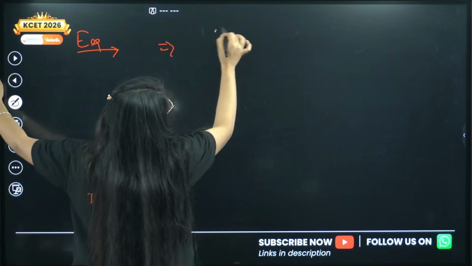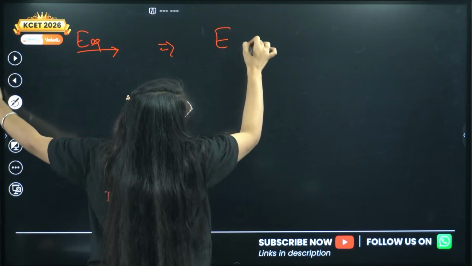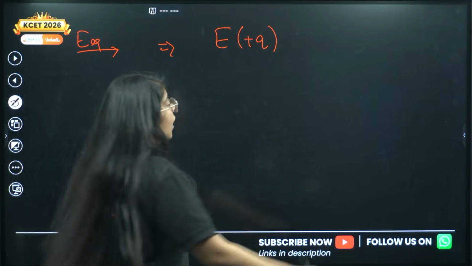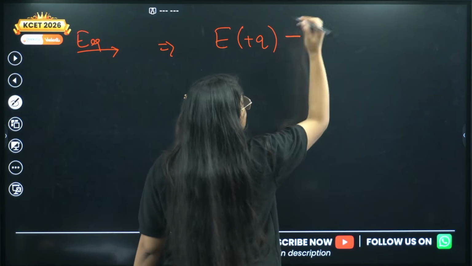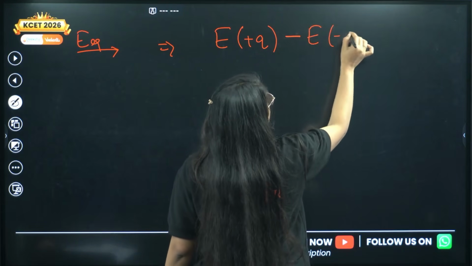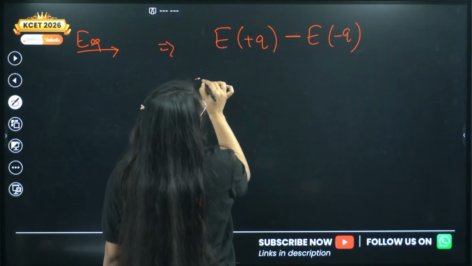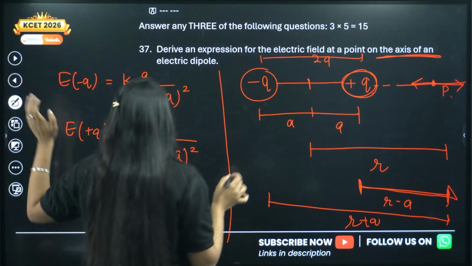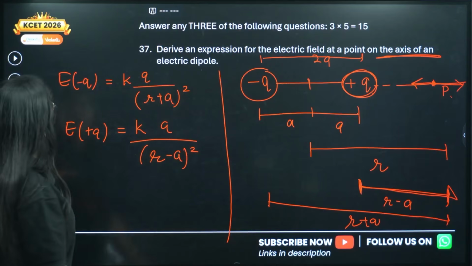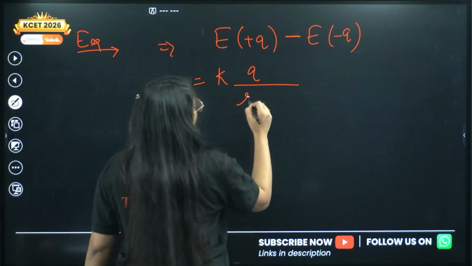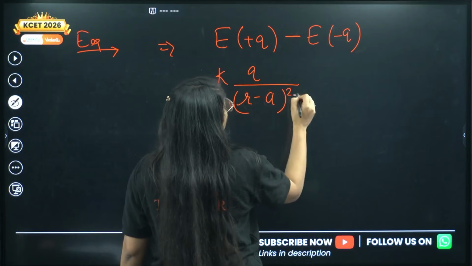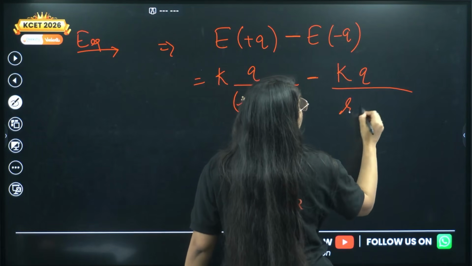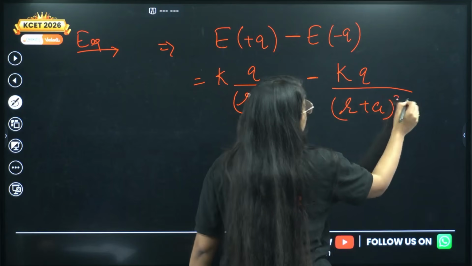That will be the electric field due to plus q. Definitely due to plus q, the electric field will be more since it has lower distance, and due to minus q it will be less. So kq divided by r minus a whole square, minus kq divided by r plus a whole square.